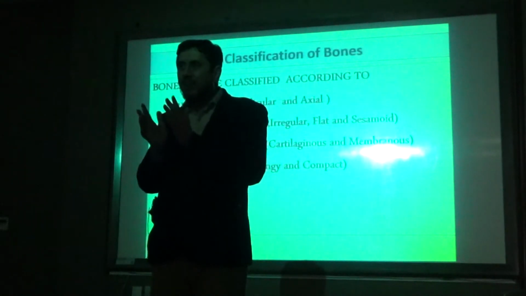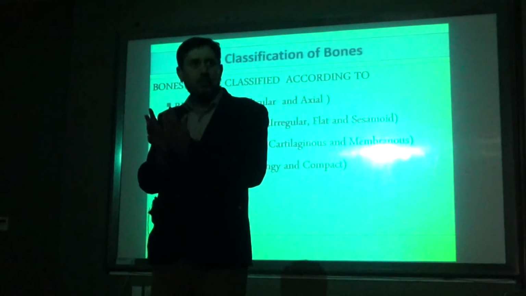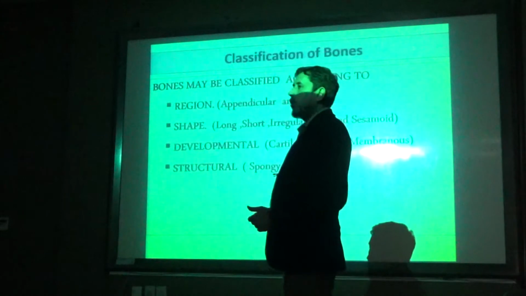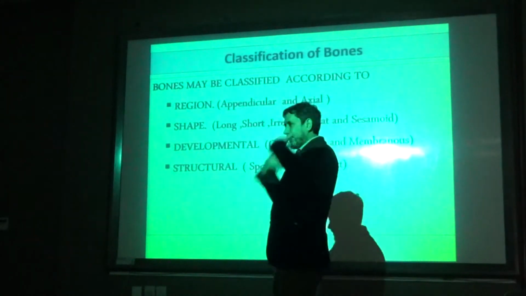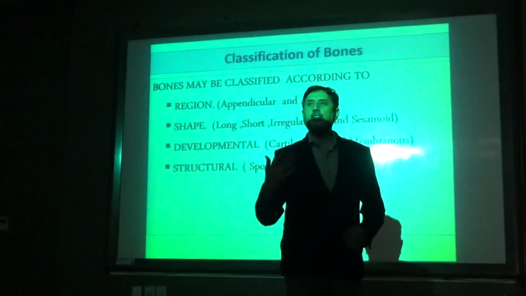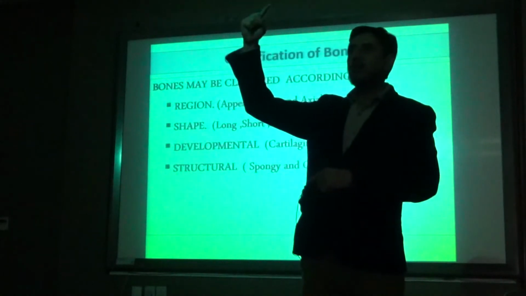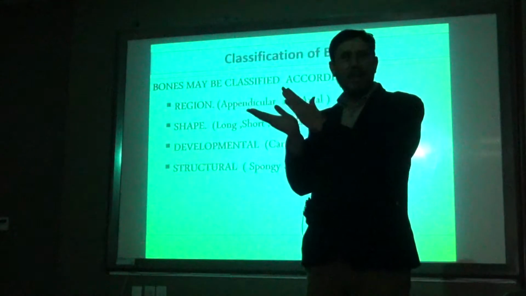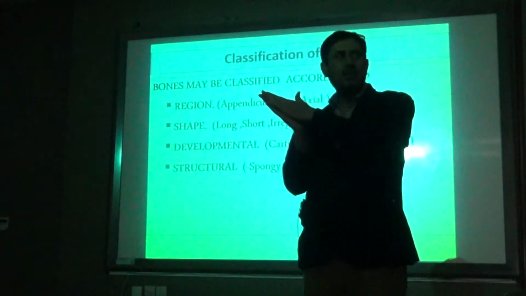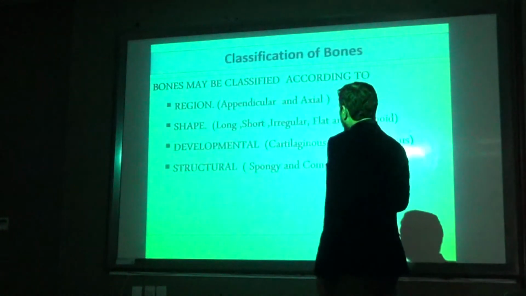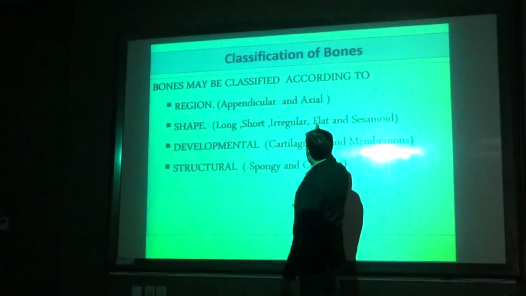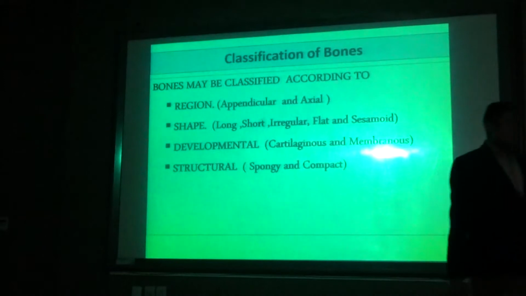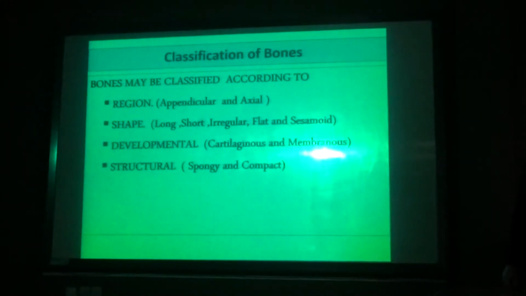So how are you classifying these bones? On the basis of region. Now according to shape, the same whole skeleton can be classified: long bone, short bone, irregular bone, flat bone, very thin. So on the basis of shape: long, short, irregular, flat or sesamoid. We have already done this, but we will focus more on structural.